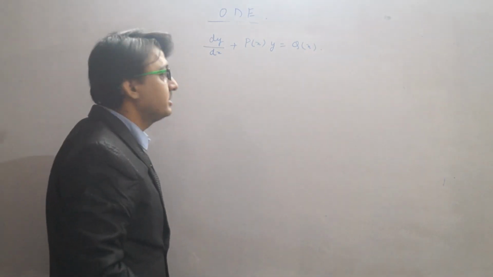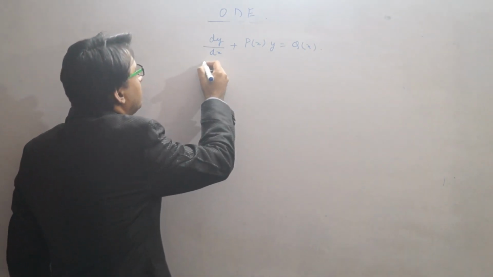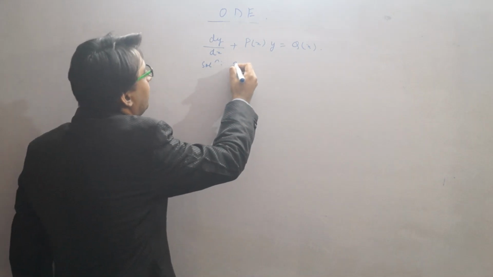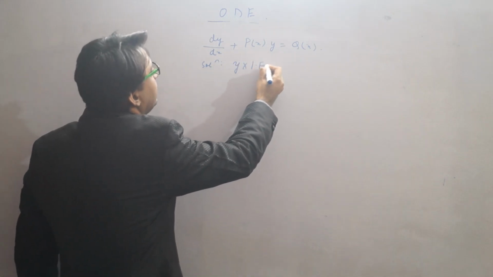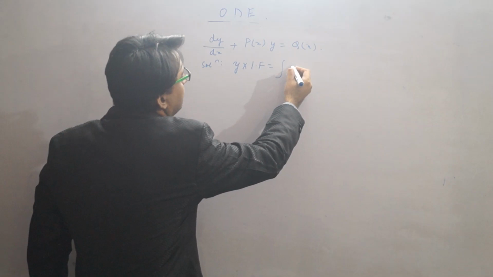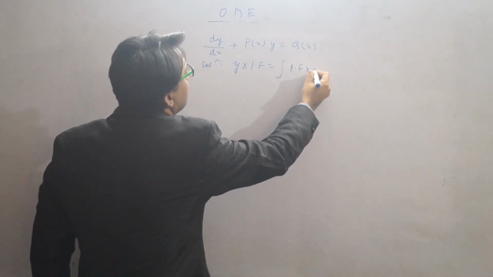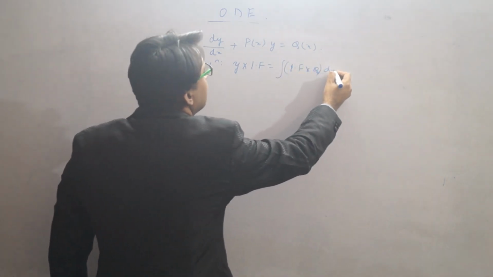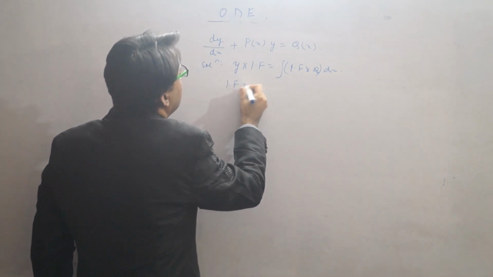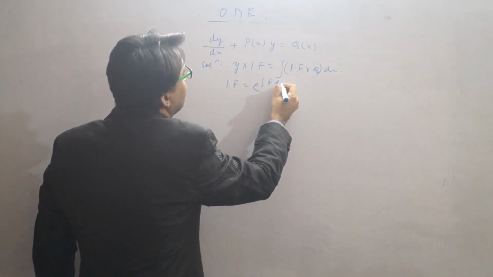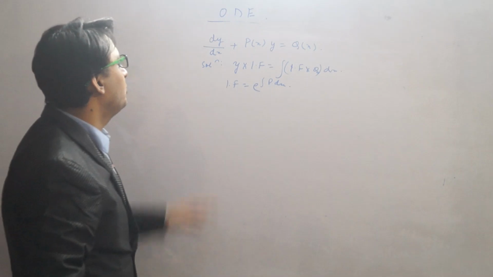So our claim was its solution is y into integrating factor is equal to integration of integrating factor into Q dx, and our integrating factor was e to the power integral P dx. This is the claim, and we are going to prove this.